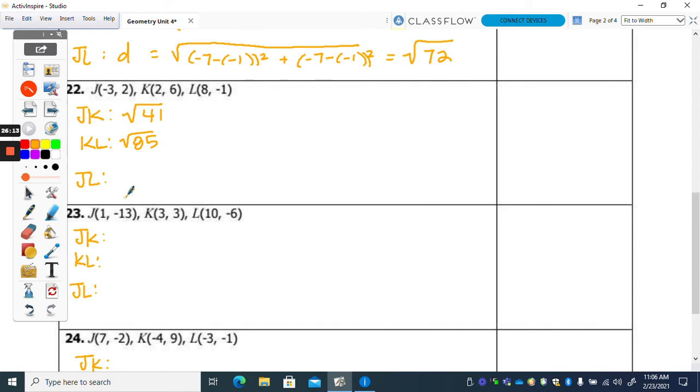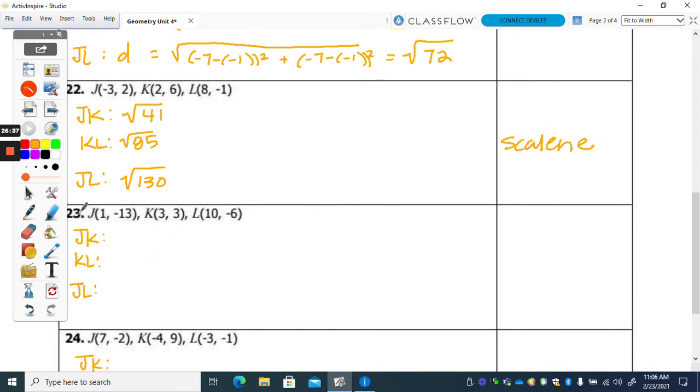The square root of 130. The square root of 130 is correct. Is that not what you got, Xander? So, since all three of these are different, Xander, what type of triangle is this? Scalene.